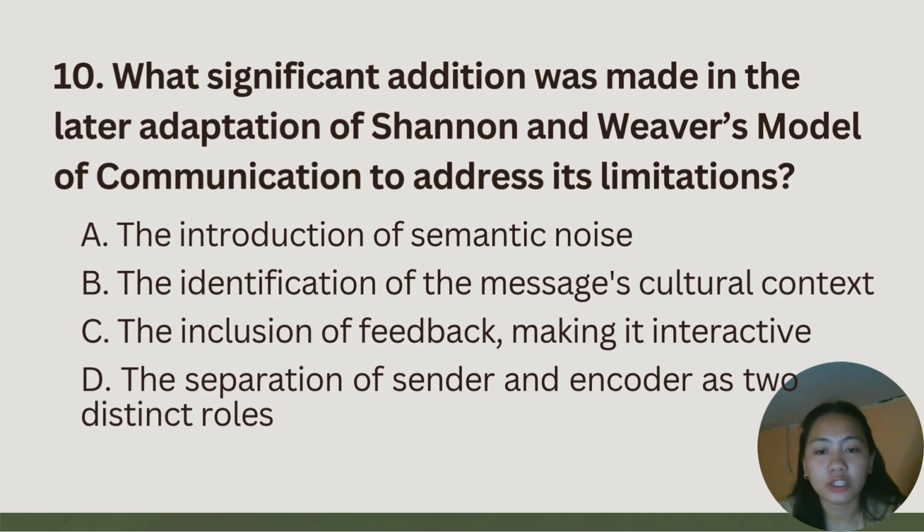Letter A, introduction of semantic noise. Letter B, the identification of message, cultural context. Letter C, inclusion of feedback, making it interactive. And letter D, the separation of sender and encoder as two distinct roles. You have 5 seconds to answer that.